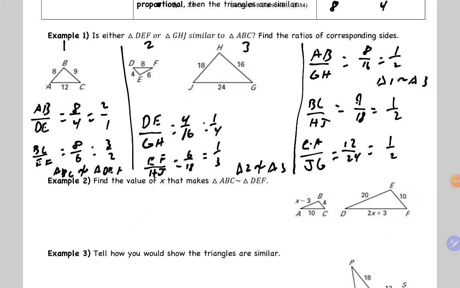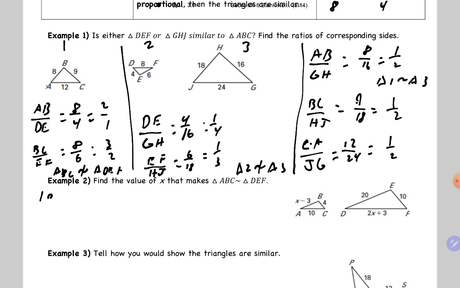Alright, example 2. Find the value of x that makes triangle ABC similar to triangle DEF. We need to find an x value here, so let's create a proportion.